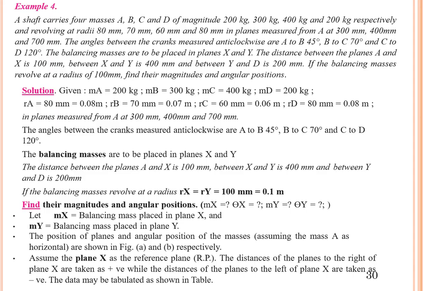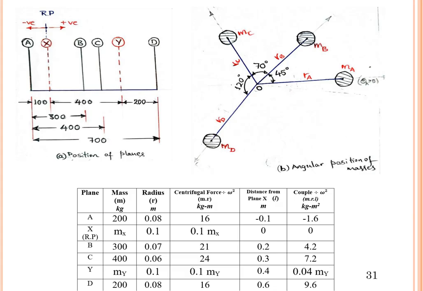So here in the problem, he has given the data, and he has specified where the balancing masses have to be placed. So initially construct the space diagram. In the space diagram you can see A, B, C, D masses are given.